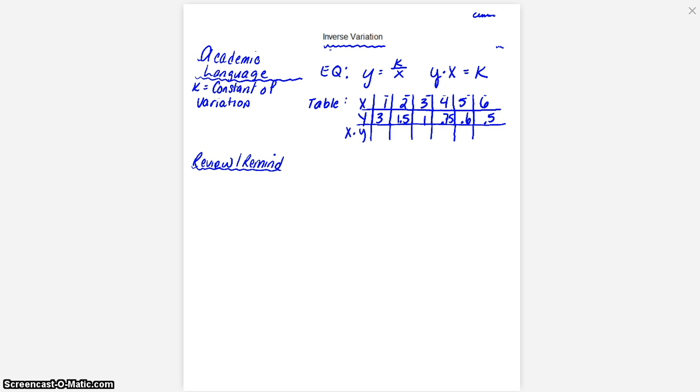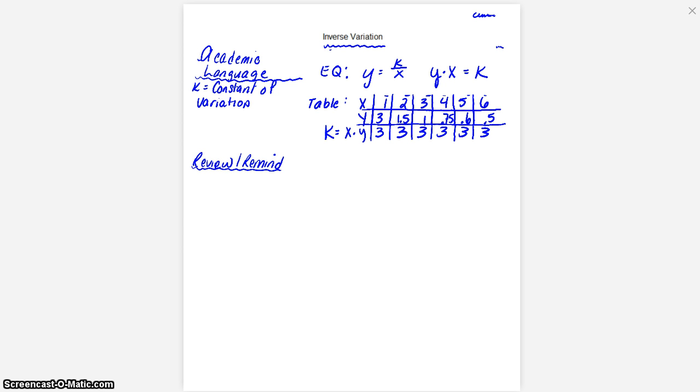So 1 times 3 is 3. 2 times 1.5 is also 3. 3 times 1 is also 3. And then trust me, or don't trust me, check on your calculator. The next are also going to be 3. So my k for this particular table, x times y, is going to be 3.